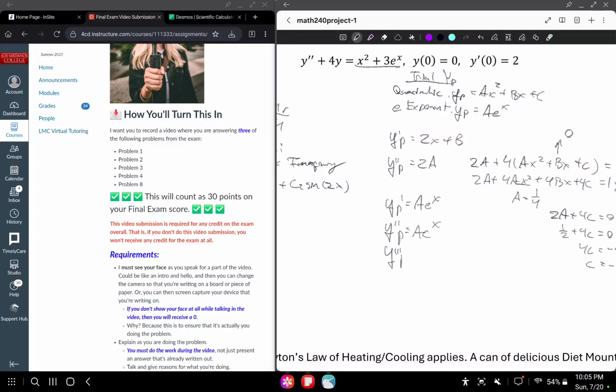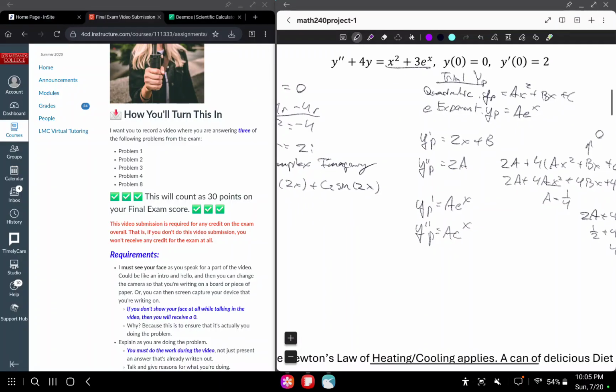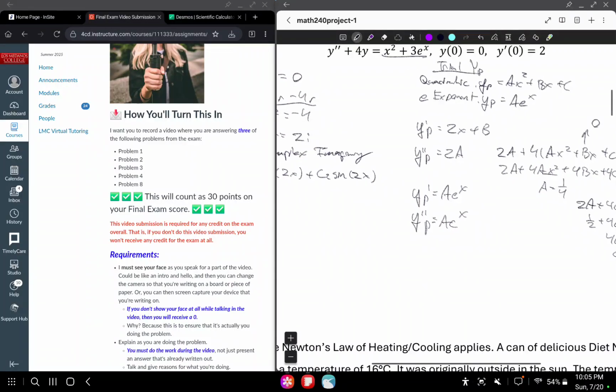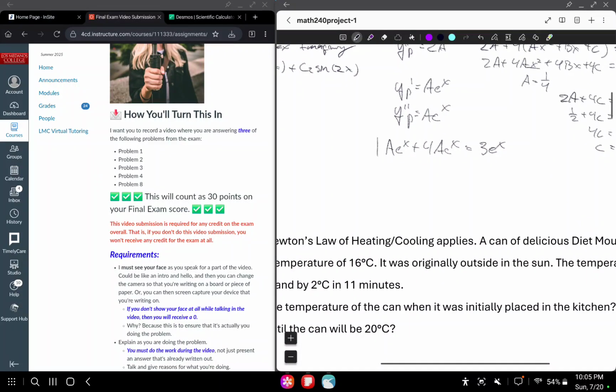So it'll just be the same because it's just e to the x multiplied by a constant in front. So let's plug this into the equation. So a e to the x plus 4 a e to the x equals 3 e to the x. We can see from here, this is 5 a e to the x equals 3 e to the x. This needs to match up.